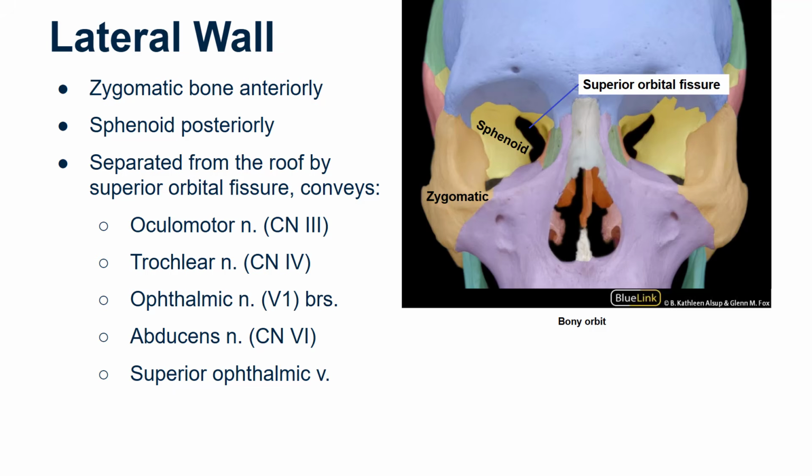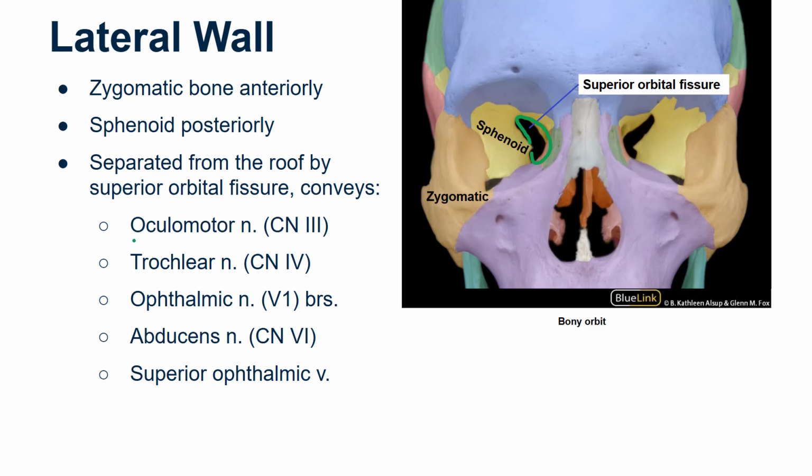The lateral wall of the orbit consists of largely the zygomatic bone, as we can see here, and a little bit of the sphenoid as well. Now, the lateral wall of the orbit is separated from the roof of the orbit by the superior orbital fissure, as we can see here. That superior orbital fissure is going to be a major conduit for important neurovasculature.